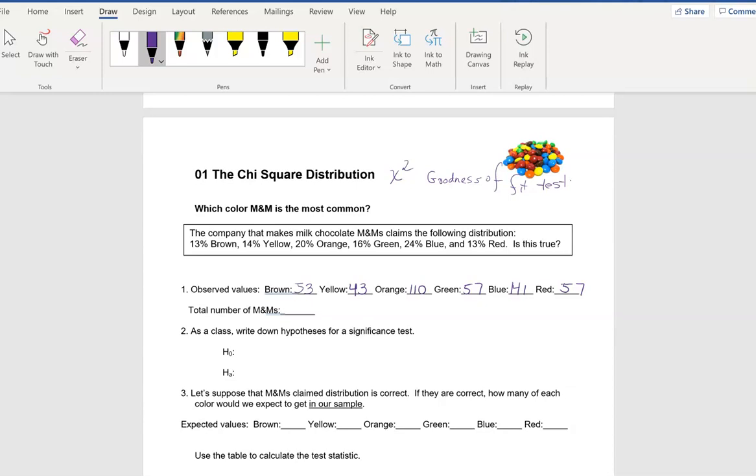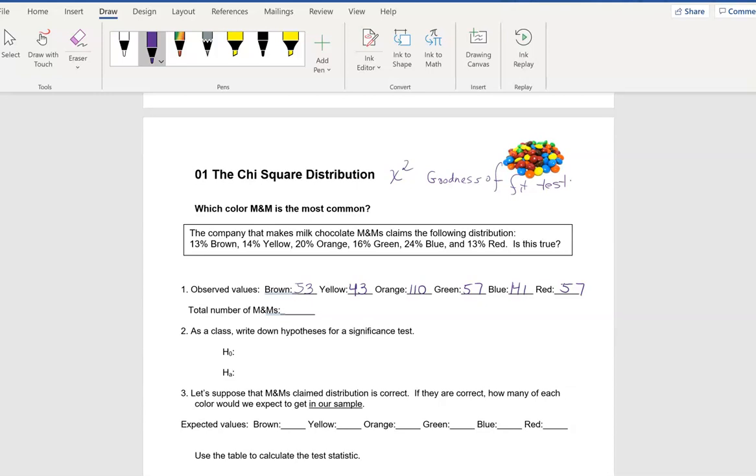Ideally, we would be in class and I would be bringing in gobs and gobs of M&Ms. To get the feel of it, send your parents out to buy some M&Ms. Let's pretend that we had this huge amount of M&Ms in class and you're sorting it out. 53 of them were brown, 43 were yellow, 110 were orange, 57 were green, 141 are blue, and 57 are red.